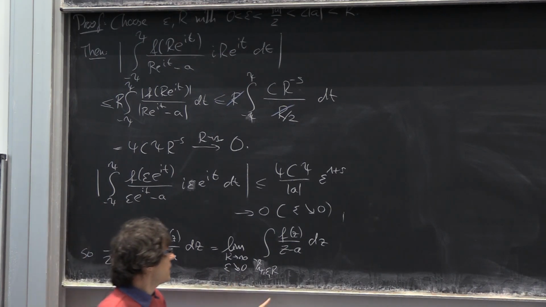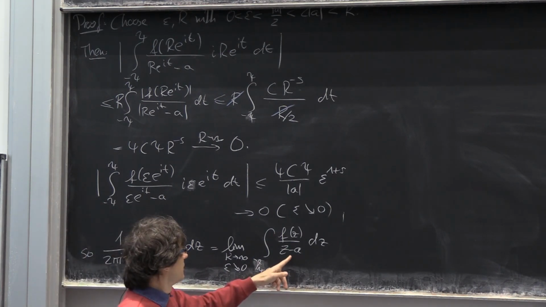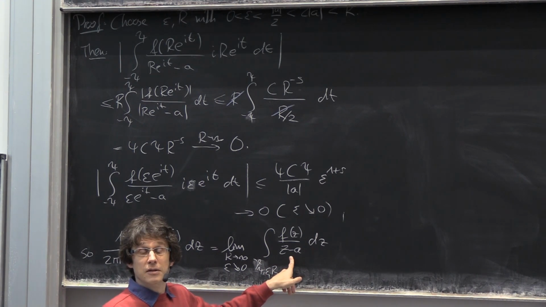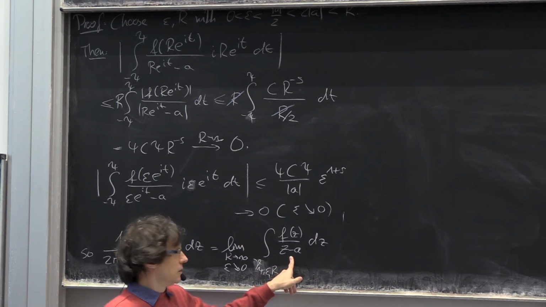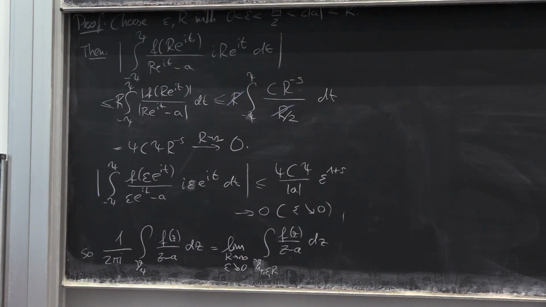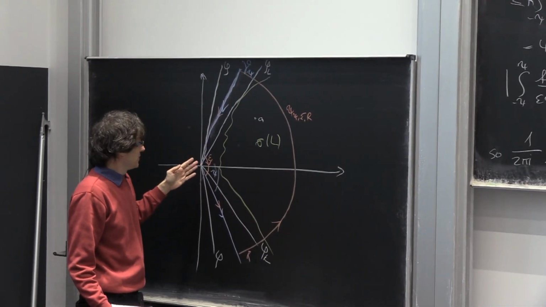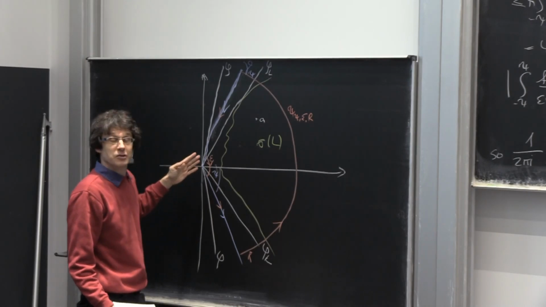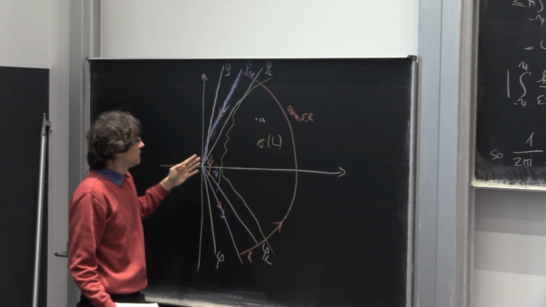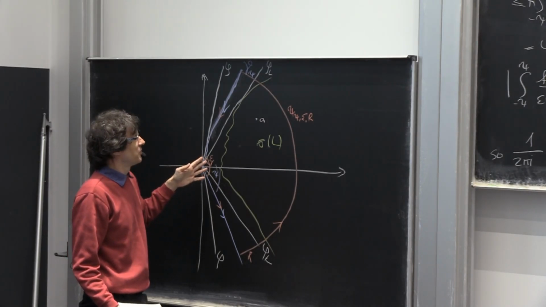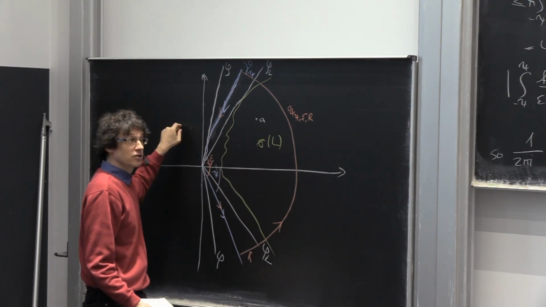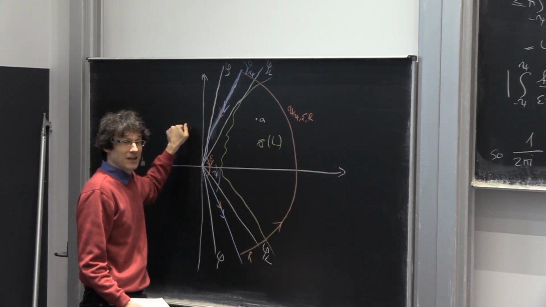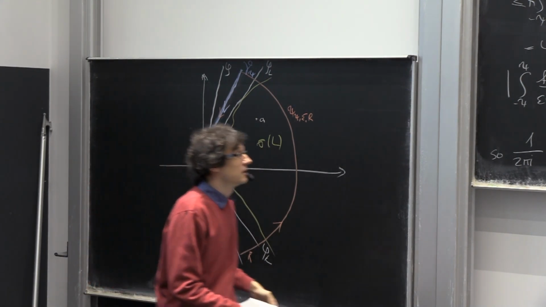But now this is an integral for the usual Cauchy integral formula. So this is now a nice closed piecewise C1 path in the complex plane, surrounding A or not surrounding A, so you know what comes out.